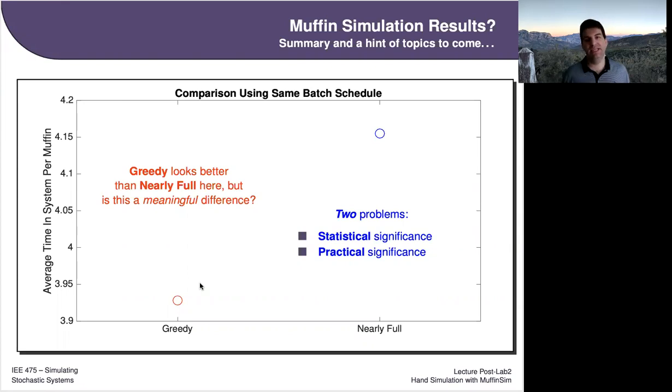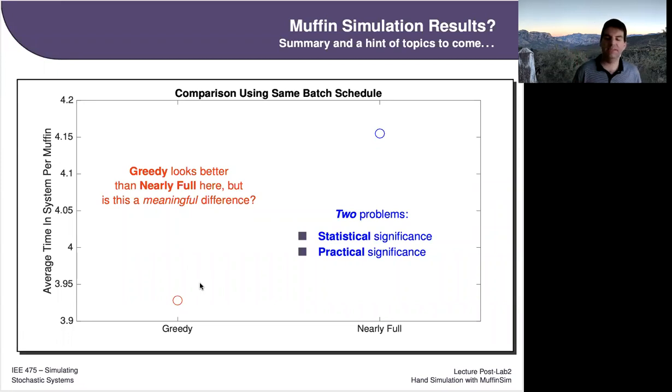I need multiple models to put on that jacket to tell that the jacket is actually good on multiple different body types. Here, I need multiple muffin schedules to push through these ovens. And if all of them show that the greedy schedule is better, then I can say that the greedy one is better. That's the first problem.